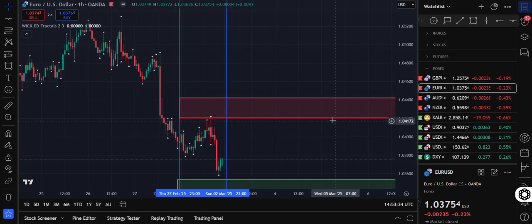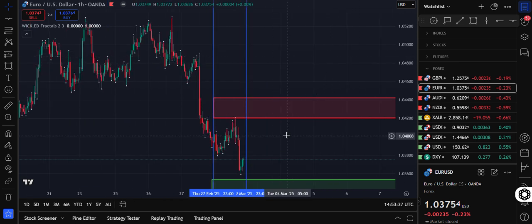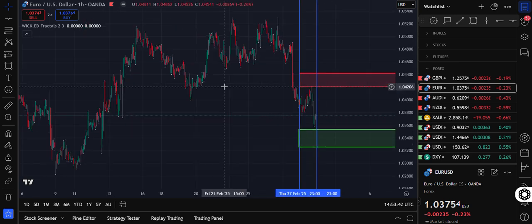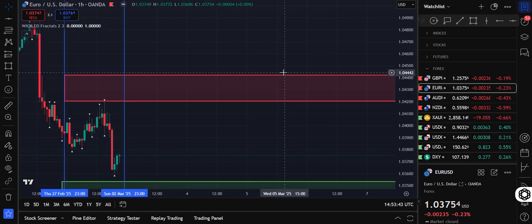So I'll be looking at sells probably next week, unless we can get a break and retest of this area. That's where I'm at on that. So on EURUSD, sells; on a lot of these others, we're looking at buys.